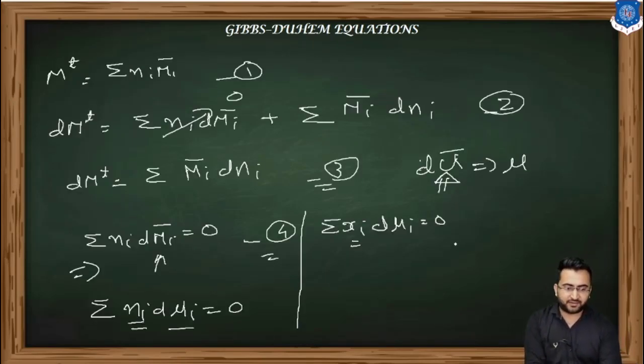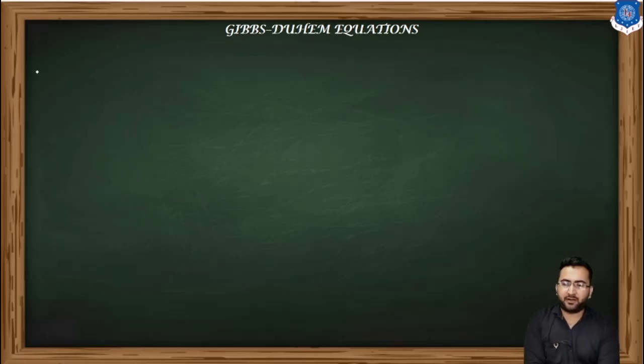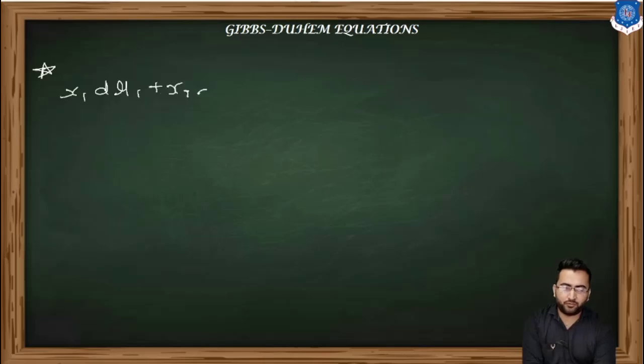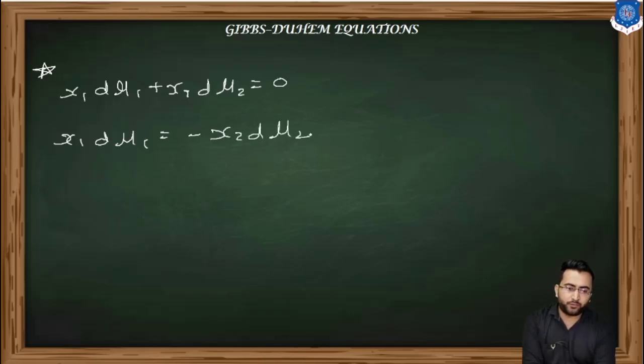Let's take this as equation number 6 and this is our equation number 5. Using equation number 6, we can derive the various forms of the Gibbs-Duhem equation for a binary mixture. Equation number 6 can be given by x1 d mu 1 plus x2 d mu 2 is equal to 0. So x1 d mu 1 is equal to minus x2 d mu 2.